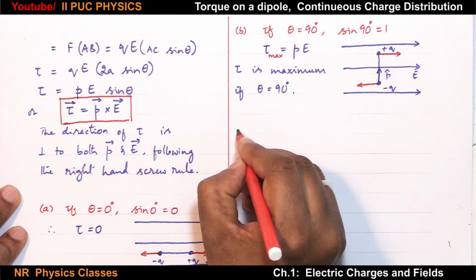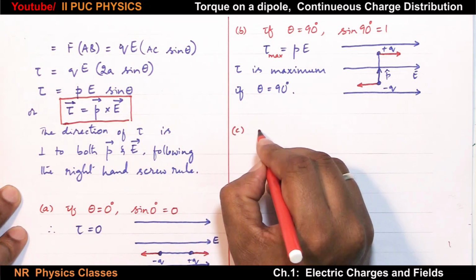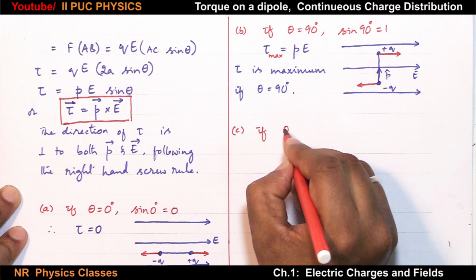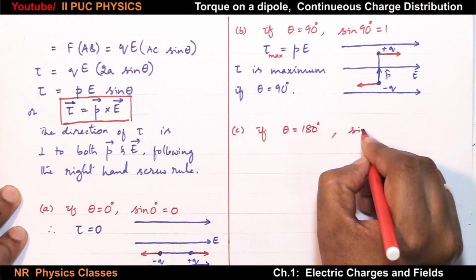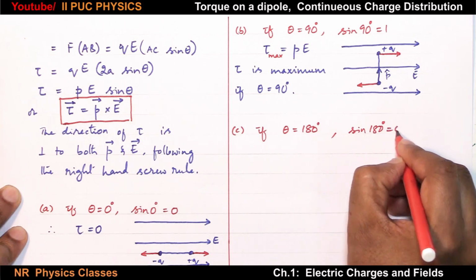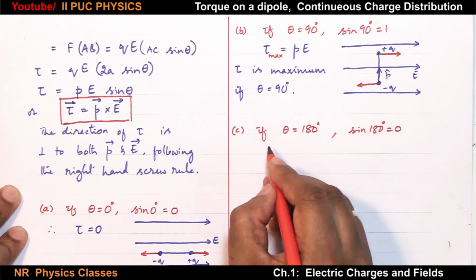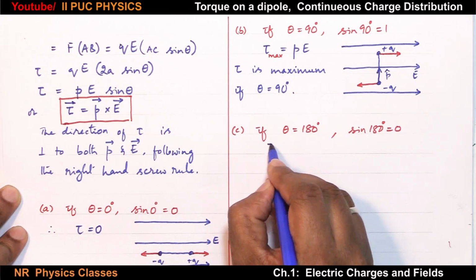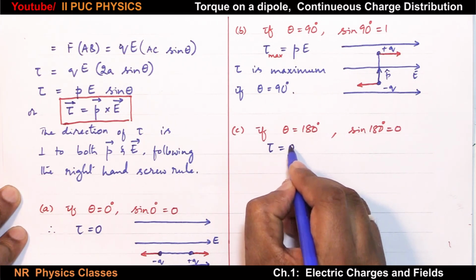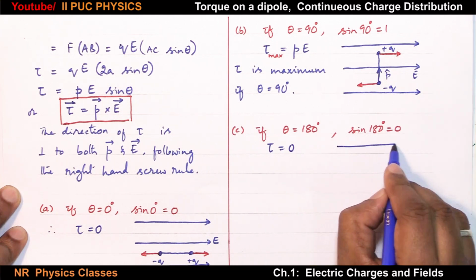Now third case, if theta is 180, then sine 180 equals 0. If sine 180 is 0 means again torque equals 0. Electric field.